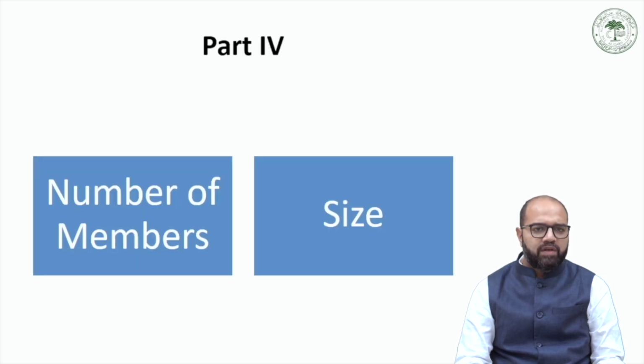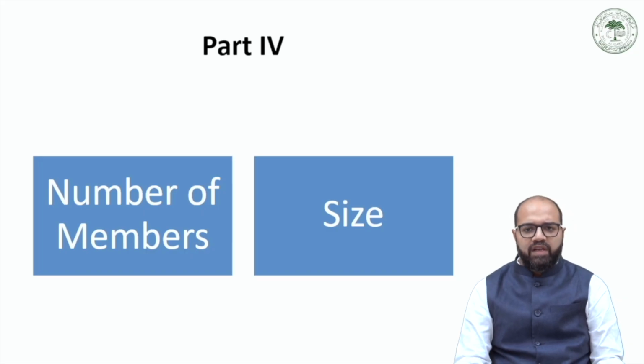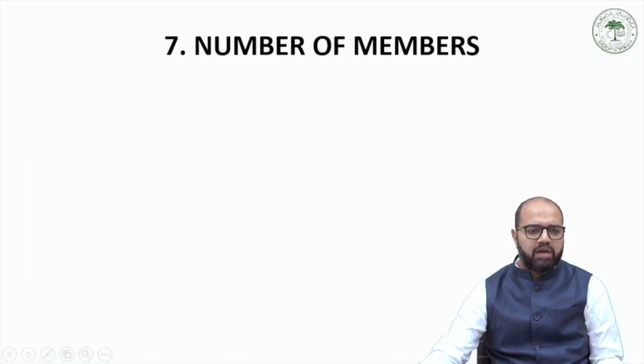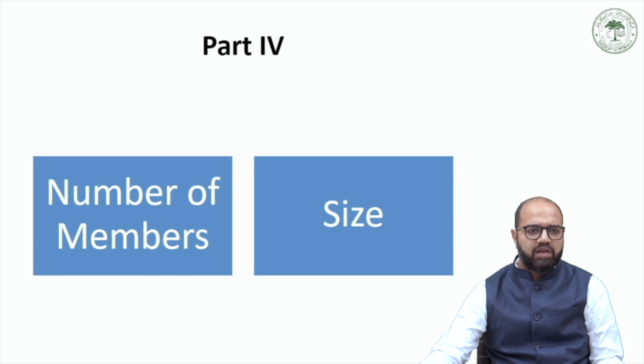So, in this part 4, I would be discussing the companies which fall under these two heads: the number of members and size. Here I would be taking up their concepts, features, structure, points of differentiation, along with the provisions governing them under the Companies Act 2013.